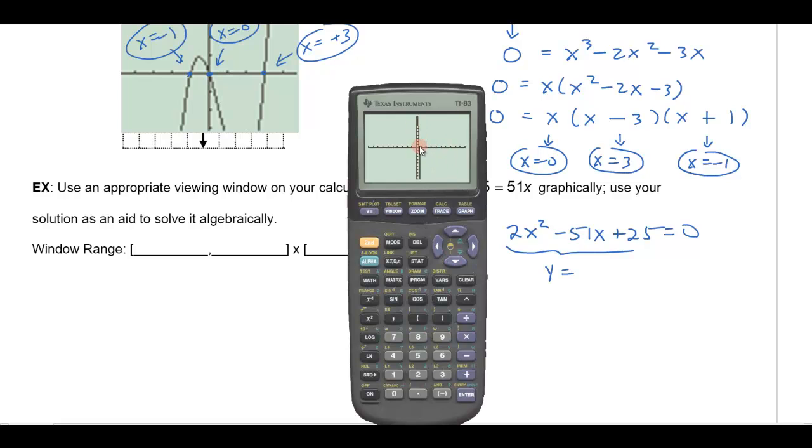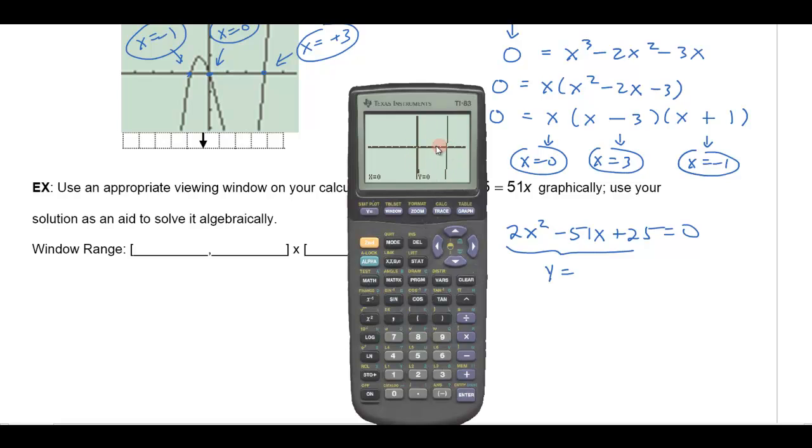Looks like there's going to be one x-intercept fairly close here, and it looks like this is a parabola going down. It's probably going to come up over here. Let me zoom out a little bit and see if we can get that. Okay, yeah, there's the other part of it right there.